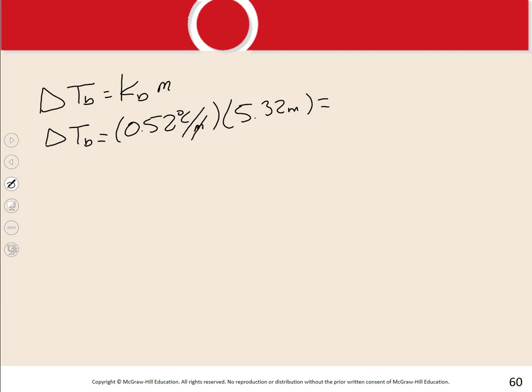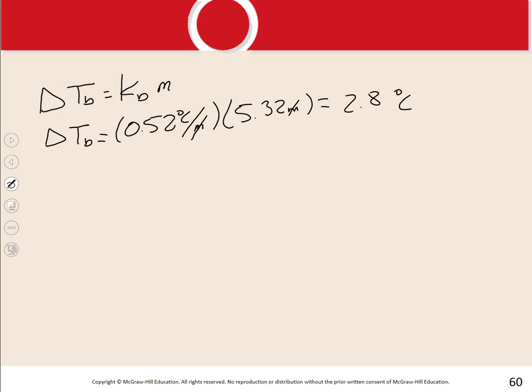So molality cancels. We're just left with degrees Celsius. So by how many degrees Celsius did our boiling point change? Good, 2.8.